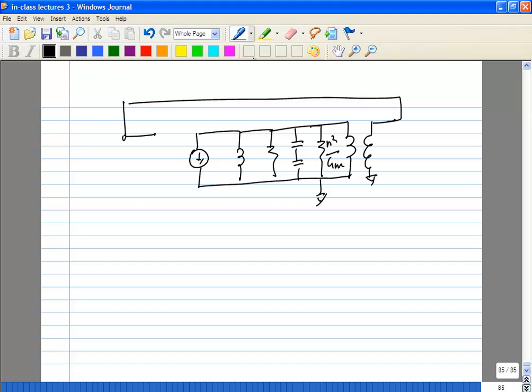Just reflect the impedance back to the primary side, and of course this is nothing but the series equivalent, C1 C2 over C1 plus C2. So resonance happens at, we know this, we just saw that before, but this is again from the large signal model.